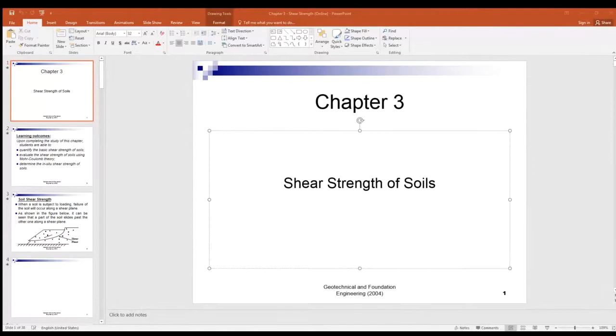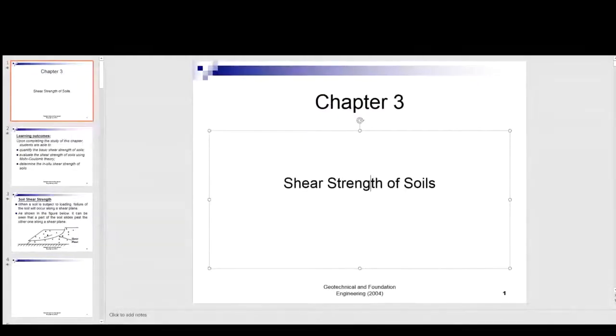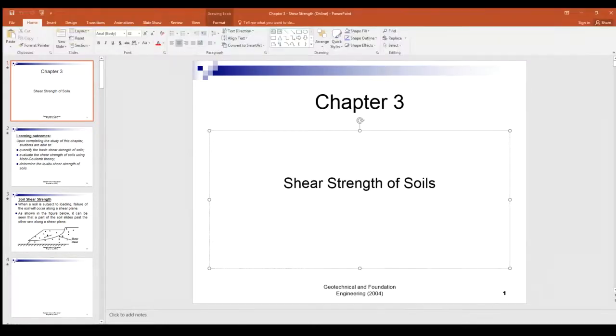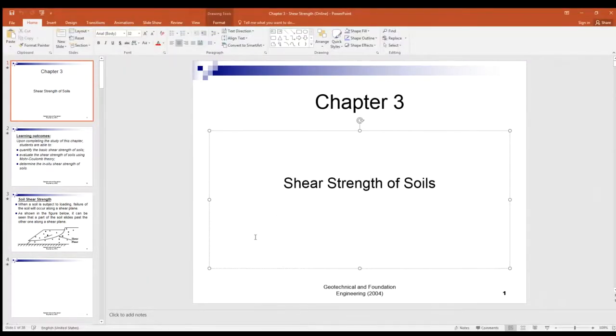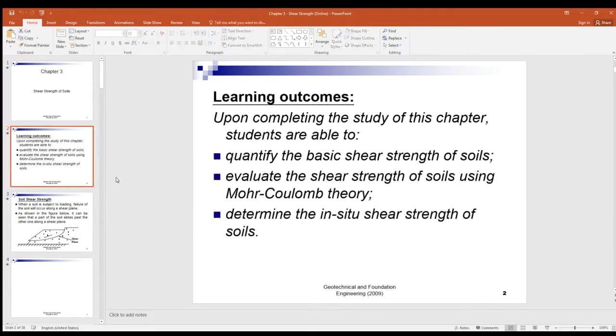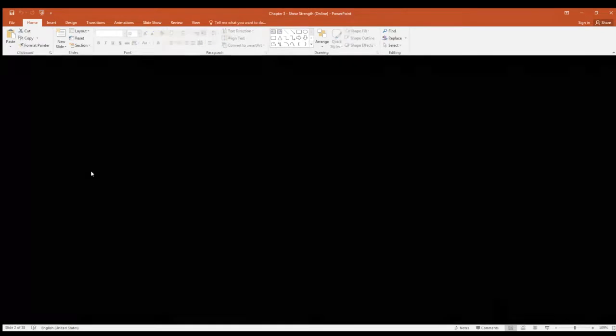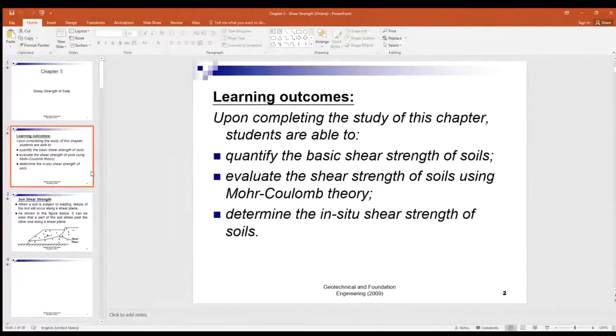Shear strength of soil. At the end of this chapter, you should be able to quantify the basic shear strength of soils.